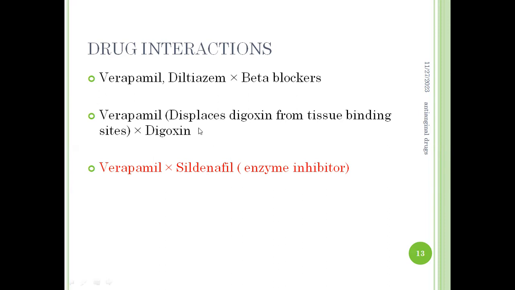Verapamil can displace digoxin from tissue binding sites, so it can cause digoxin toxicity. We may give verapamil along with sildenafil. Sildenafil is an enzyme inhibitor that will lead to verapamil toxicity because the enzyme inhibitor will inhibit the microsomal enzymes, thereby increasing the level of the co-administered agent, that is verapamil.